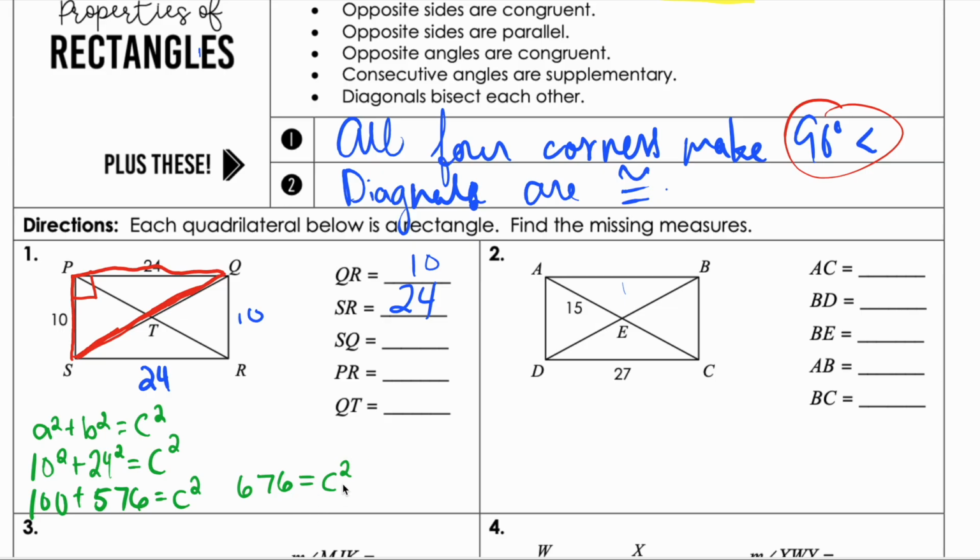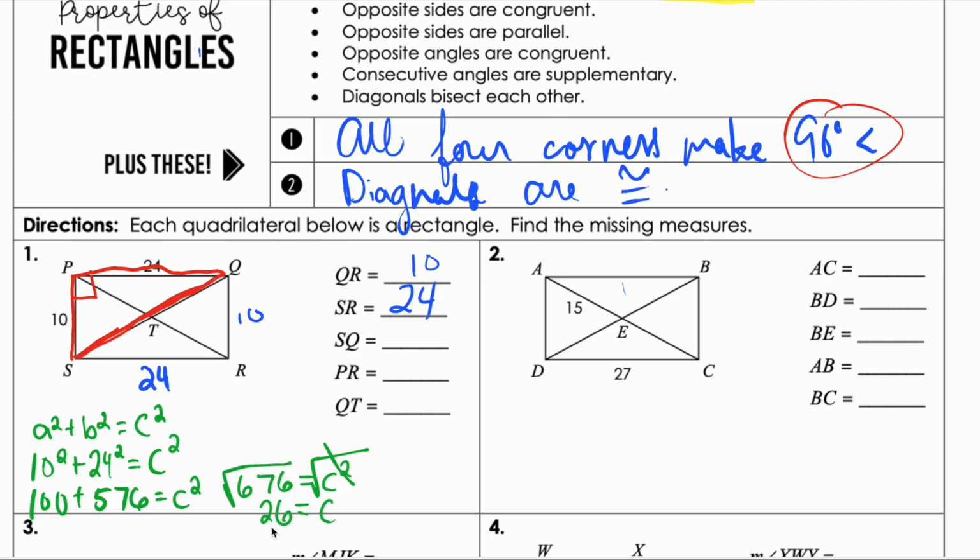And if you don't remember, in order to get c by itself when there's a squared symbol, you're going to do the opposite of that, which is the square root. And whatever you do to one side, you do to the other side. So the square root of 676 is going to be 26.